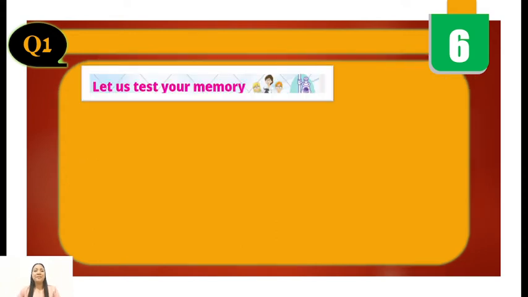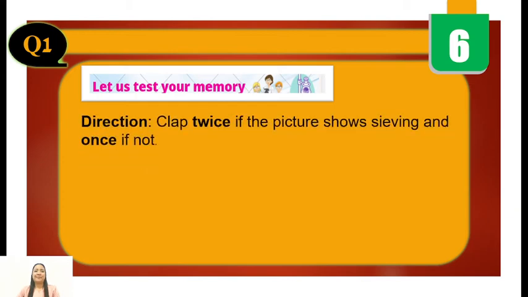Okay, this time, let us test your memory. Okay, let's do it. For the direction, clap twice if the picture shows sieving, and once if not. Are you ready?